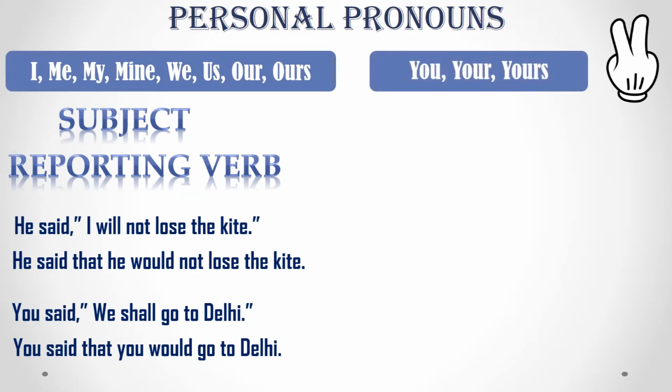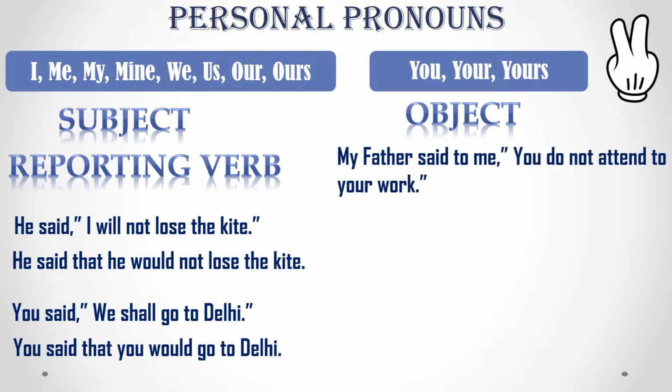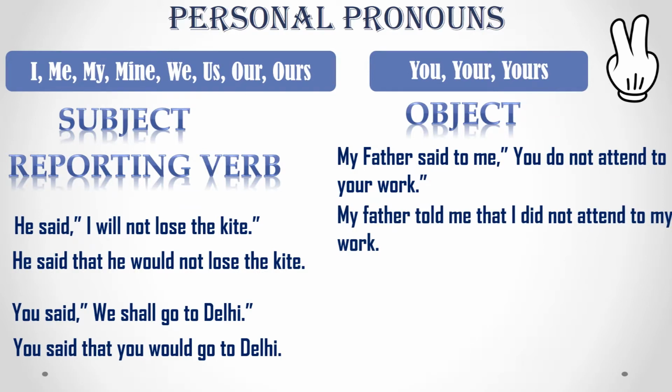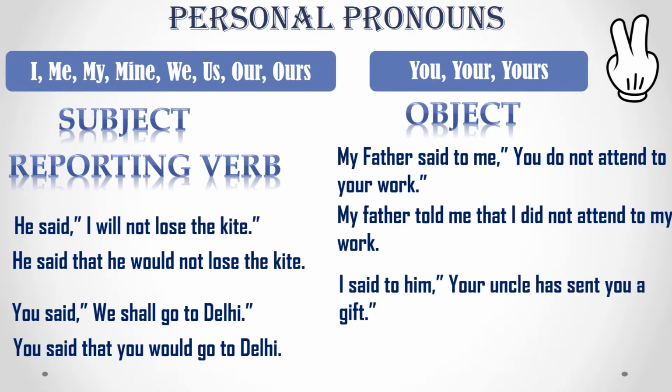The second person pronouns, that is you, your, yours, in the reported speech are changed according to the object of the reporting verb. My father said to me, "Do not attend to your work." My father told me that I did not attend to my work. I said to him, "Your uncle has sent you a gift."